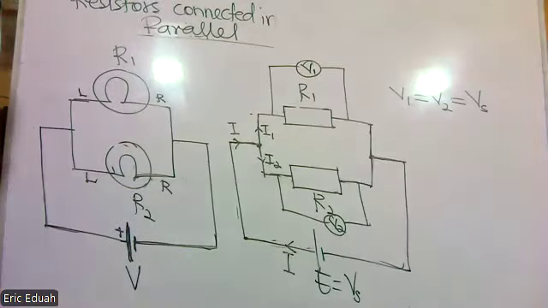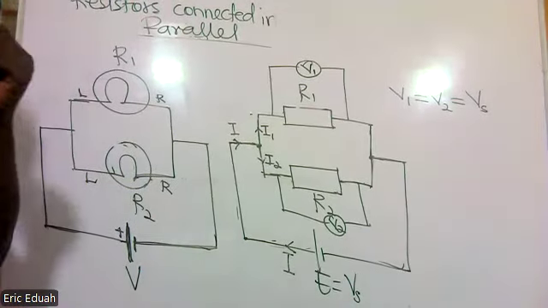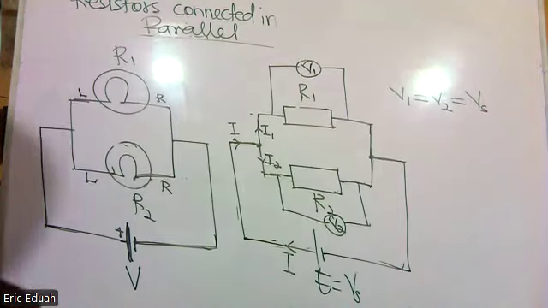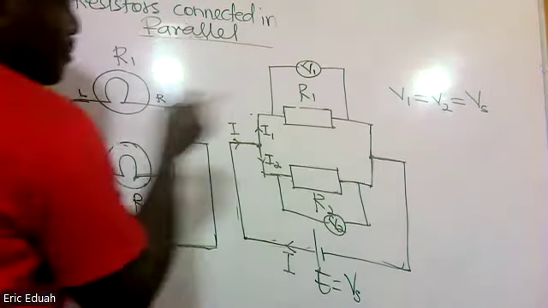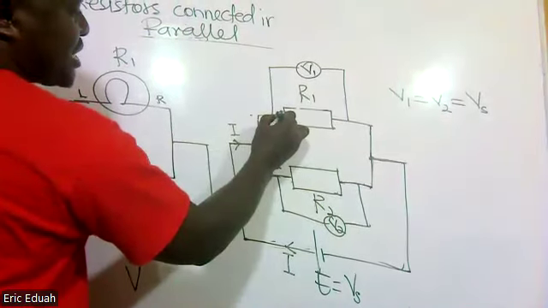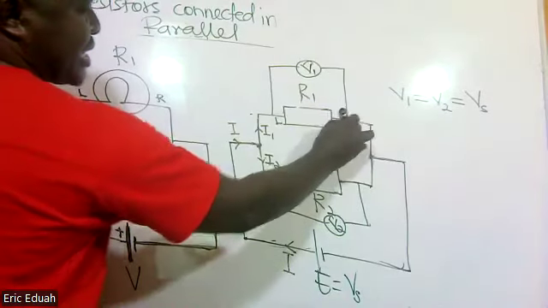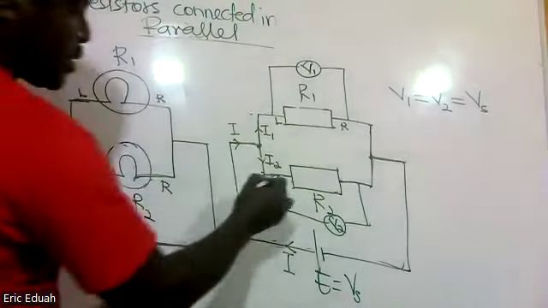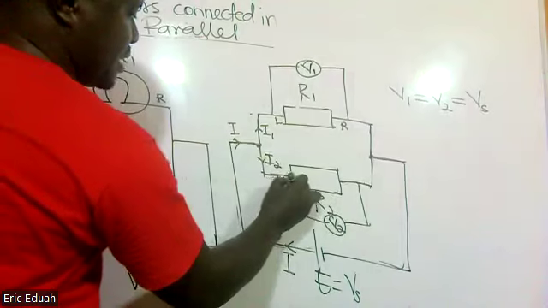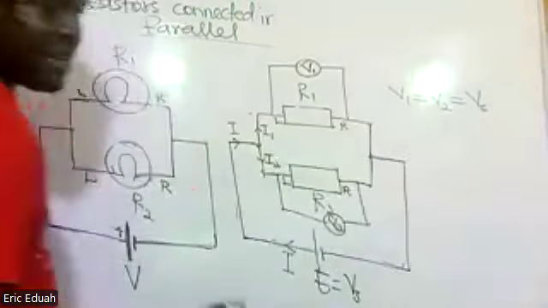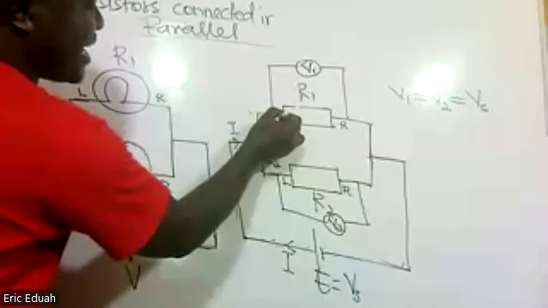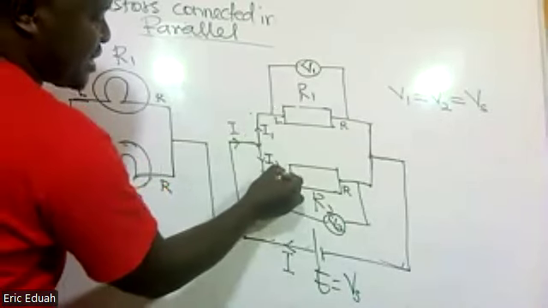Now, the same PD, because, you see, we combine equal parts. This is the left hand of this resistor. This is the right hand of this resistor. This is the left hand of this resistor. This is the right hand. By this connection, we combined the lefts.